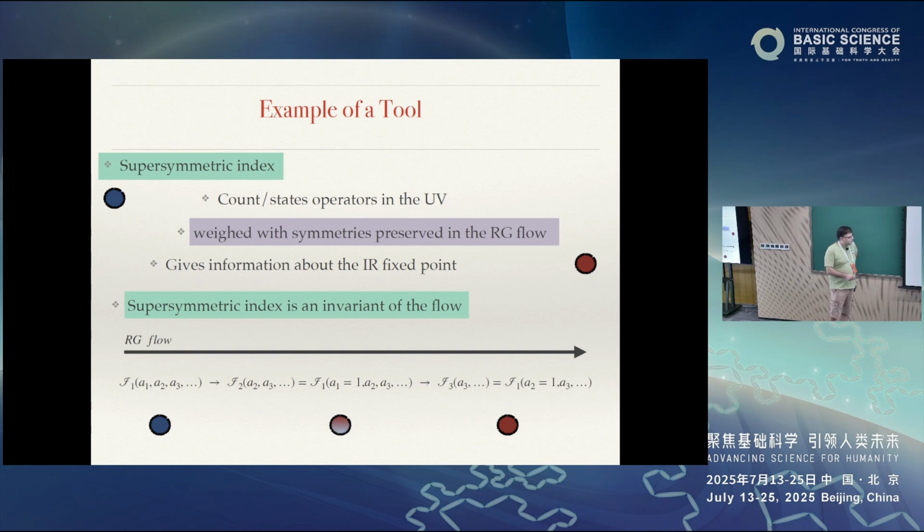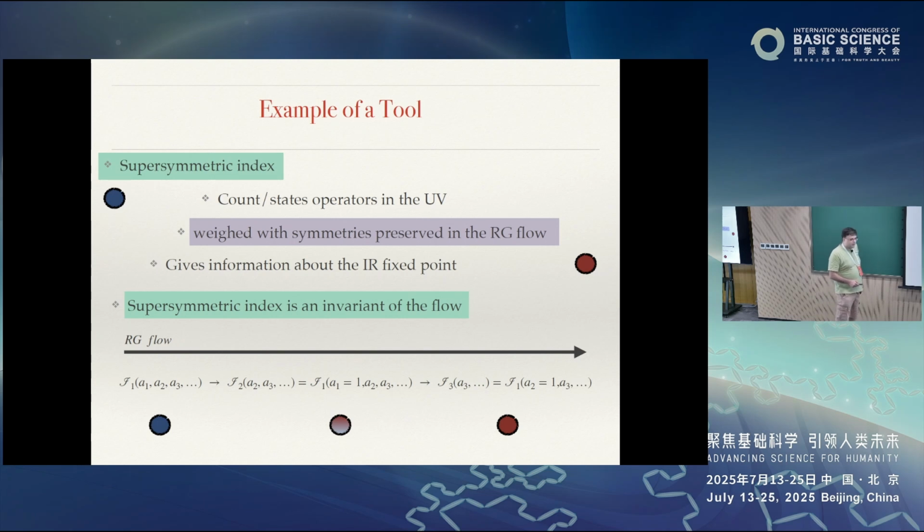The function that you get depends on fewer parameters, so you don't get the most general index that you can get for the theory in the UV, but you do get something which tells you both about the infrared and about the UV. And you can reiterate this procedure. You can turn on more and more relevant deformations and basically specialize this function that you started with farther and farther.